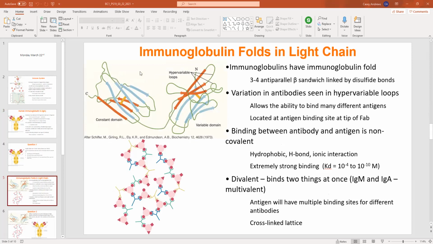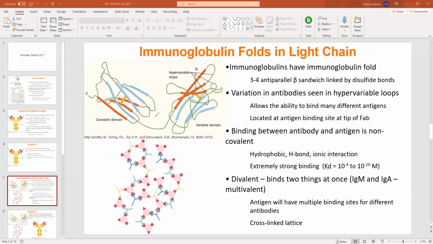The immunoglobulin fold is a beta sandwich, called that because you have two beta sheets on top of each other, like two buns on a sandwich. These are the parts that are in the antibody. You have one in the hypervariable region and also in the constant region.